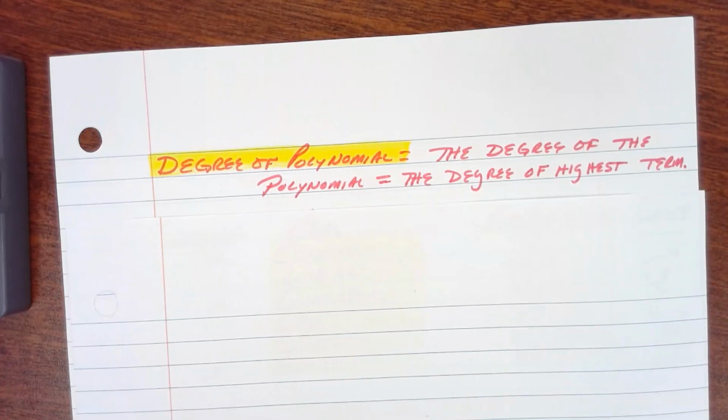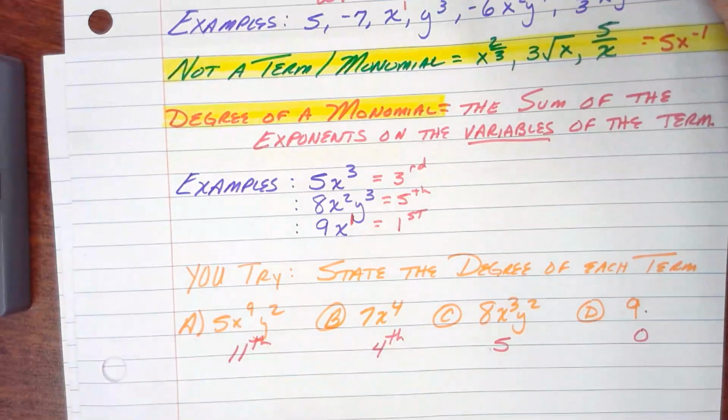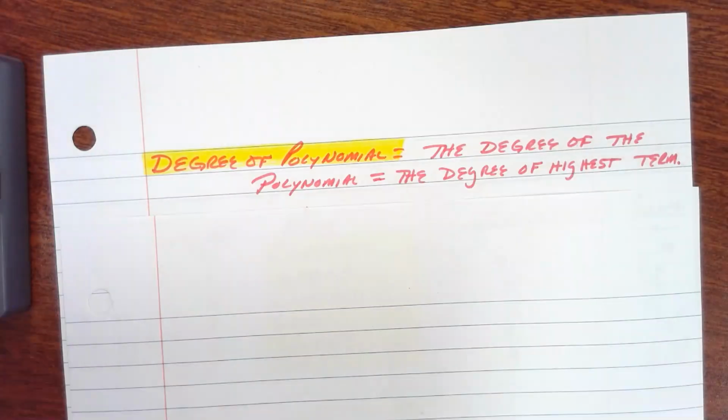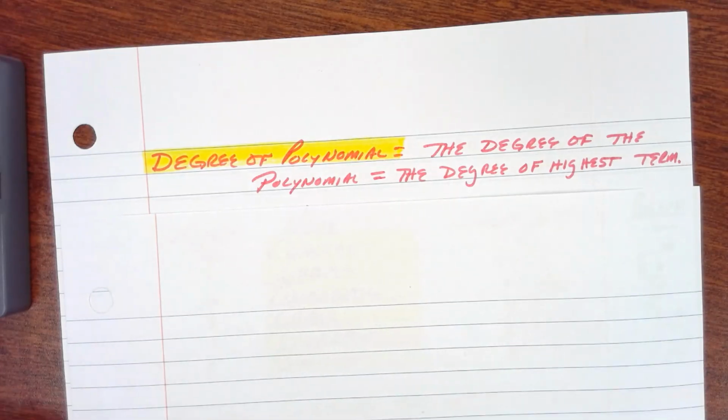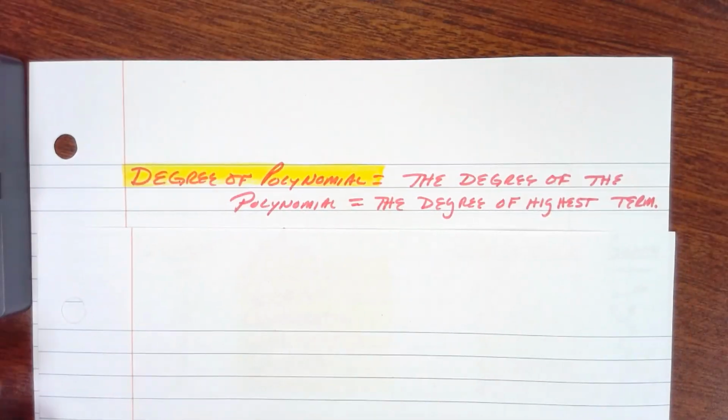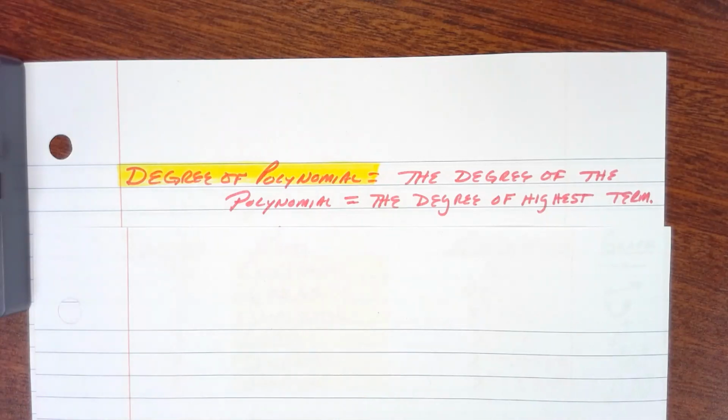Now we talk about the degree of the polynomial, where we have more than one term. We just found the degree of single terms, and now we're going to find the degree of a polynomial. Well, the degree of the polynomial is equal to the term of the highest degree.